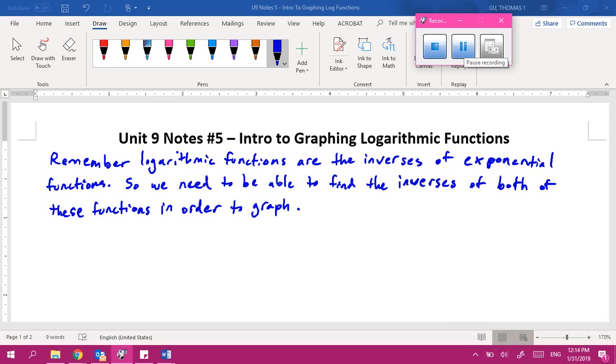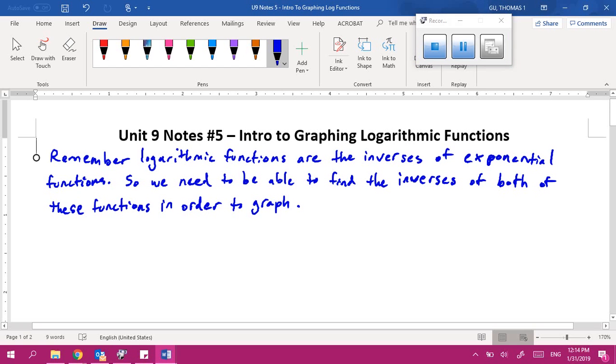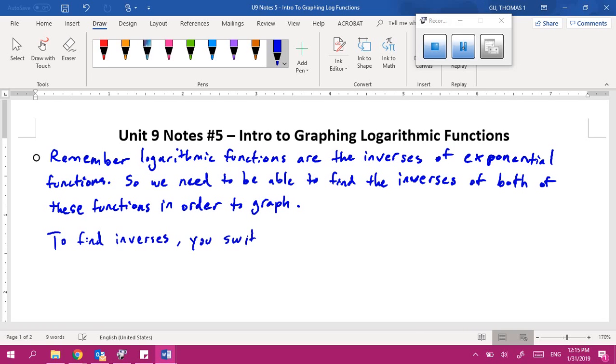To find inverses, what is the general rule? Whether you have a table or an equation, you switch the x and the y.